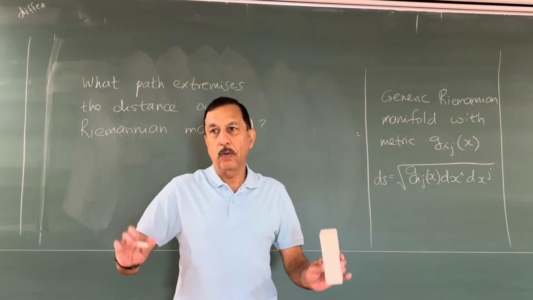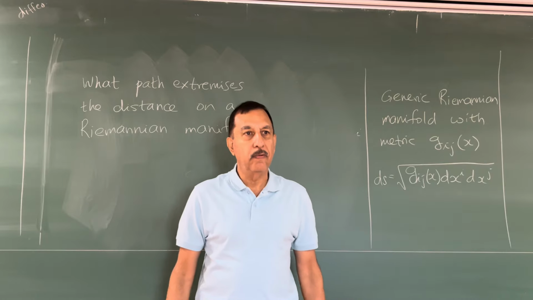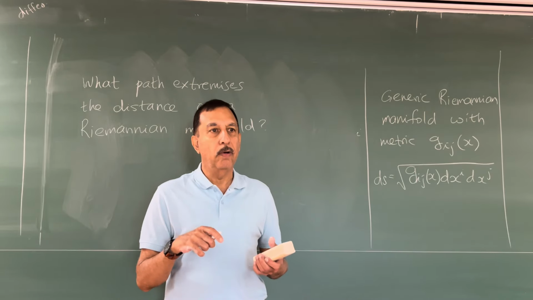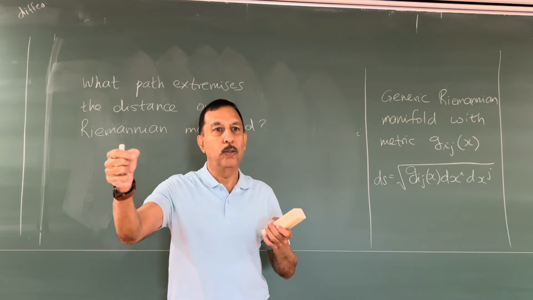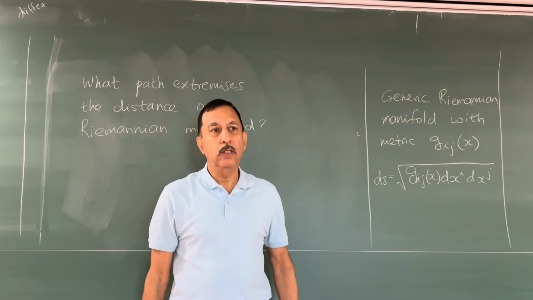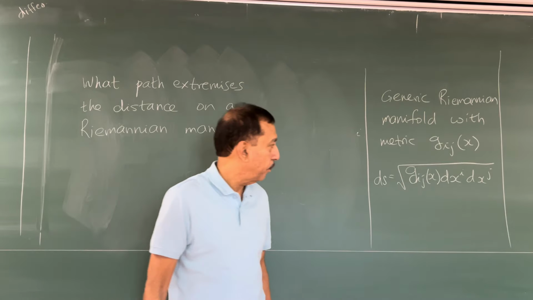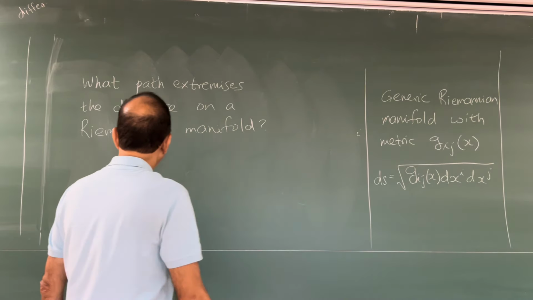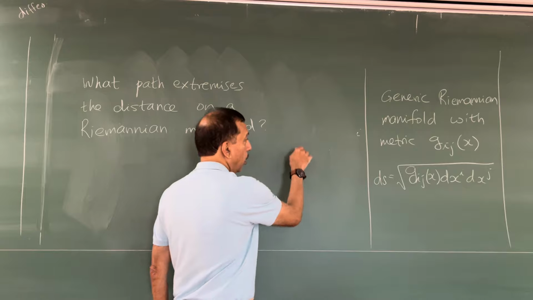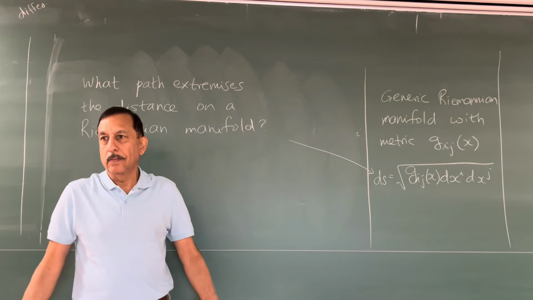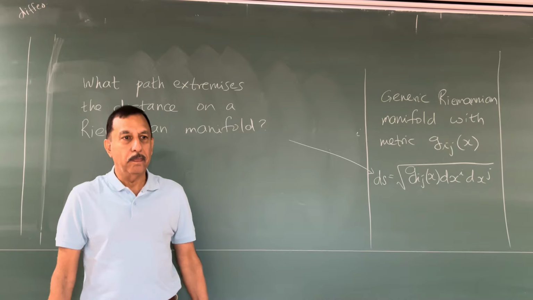There could be political considerations and safety considerations, but if we ignore them, then an airline has a job of getting from departure airport to arrival airport, following the shortest route to burn the least fuel. So it's a very important kind of question. So that is exactly the same as extremizing this function over paths. So it's an extremizing problem.